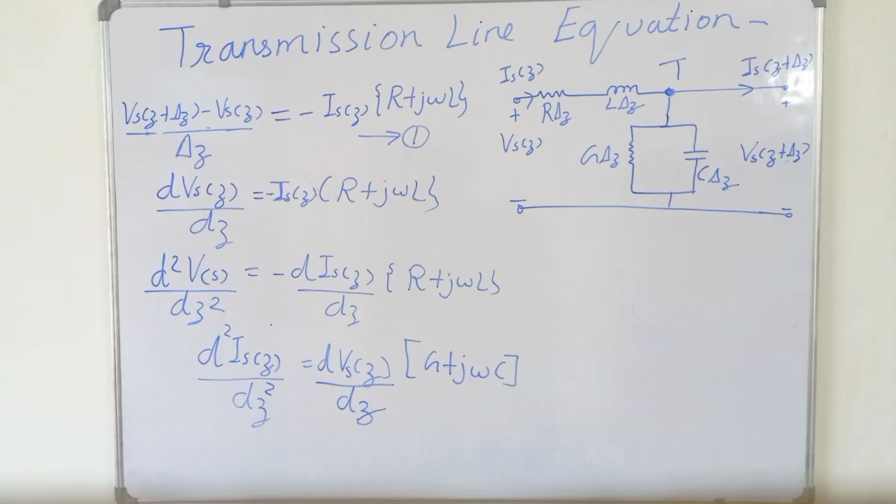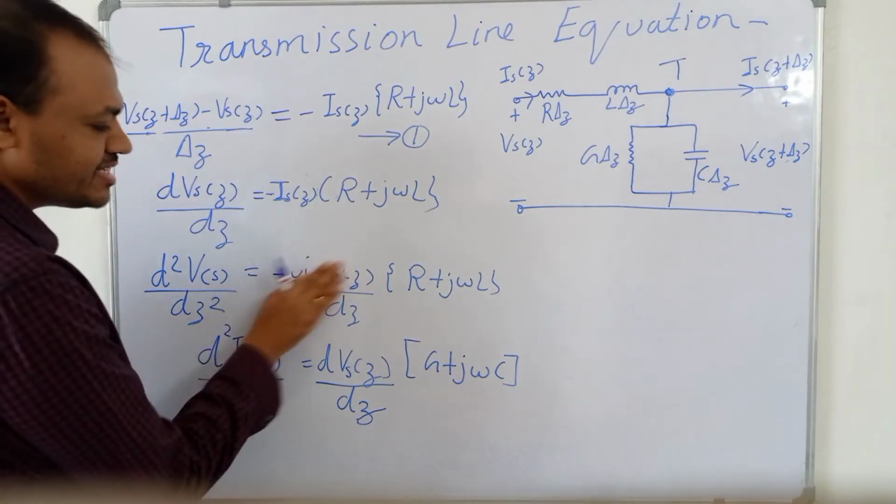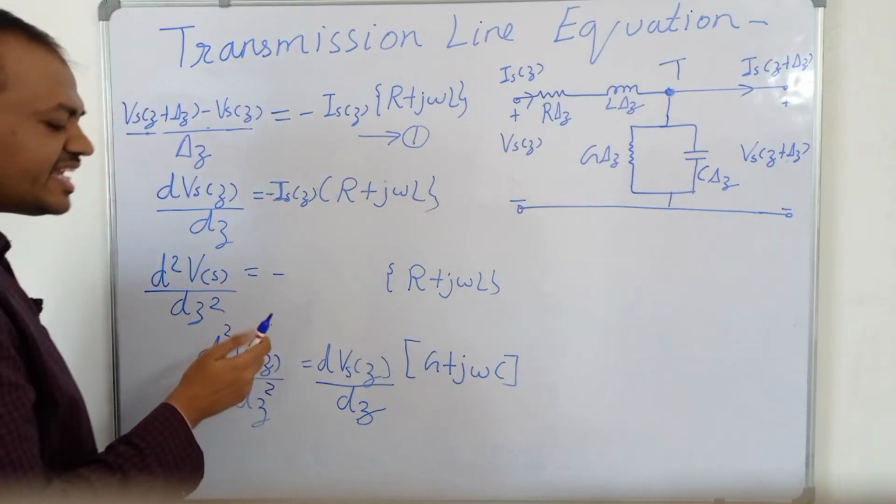Now here we had dIs of z upon dz, and dIs of z upon dz we know is equal to Vs of z into G plus j omega C, so we can write that as well.